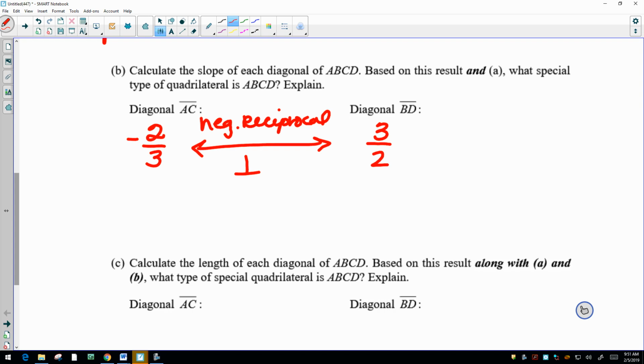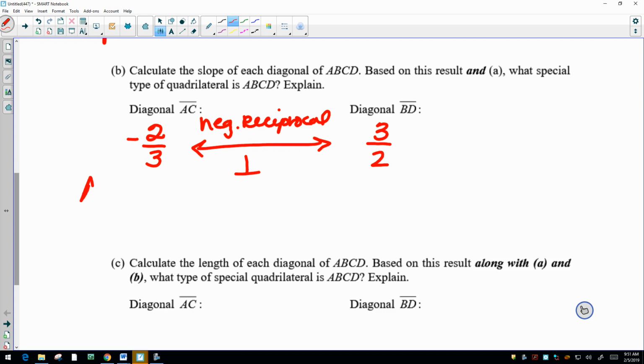So I need a four-sided figure whose diagonals not only bisect each other, but are also perpendicular. You could tell me it is a... rectangles will not be perpendicular, okay? A rhombus. So a rhombus, if I'm thinking diagonals, will have perpendicular diagonals and they bisect.